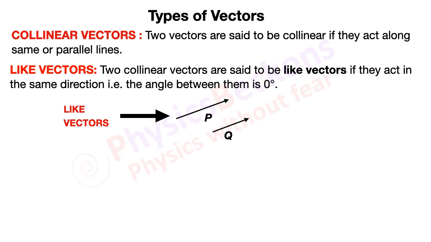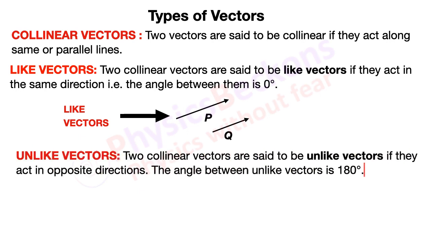Then we have unlike vectors, which act in opposite directions. Two collinear vectors are said to be unlike vectors if they act in opposite directions. The angle between unlike vectors is always 180 degree. Once again, there is no condition on their magnitude.